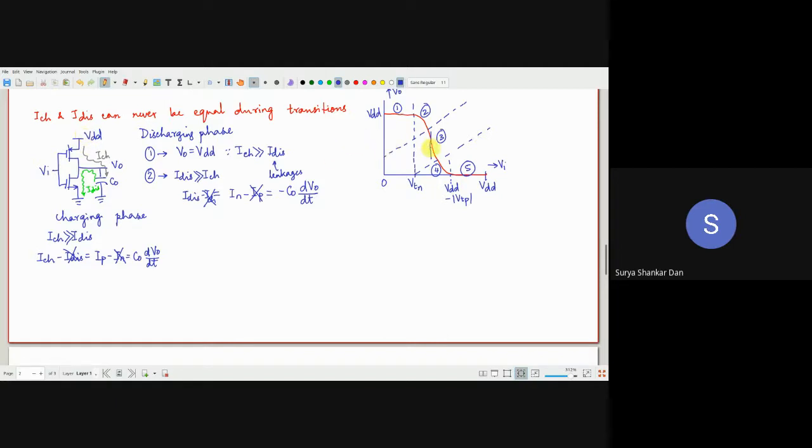And after that, the slope slowly flattens out again. So when it becomes flat in region 1 and region 5, what does it mean? That basically the output capacitance has become completely charged or completely discharged. So I discharge will be much larger than I charge at this point. Yes. Okay. Clear?